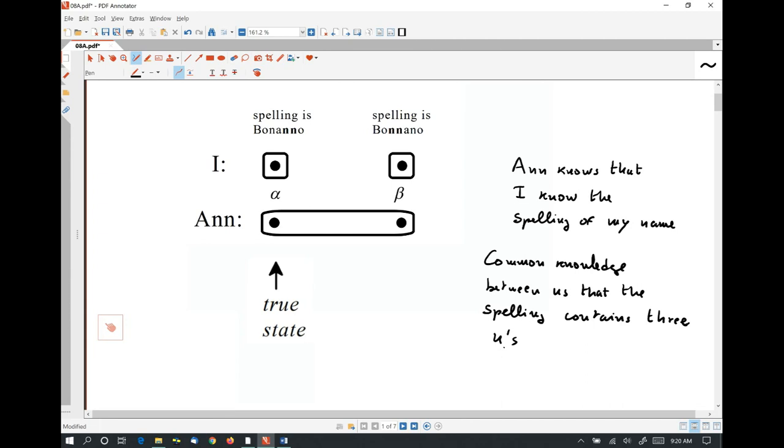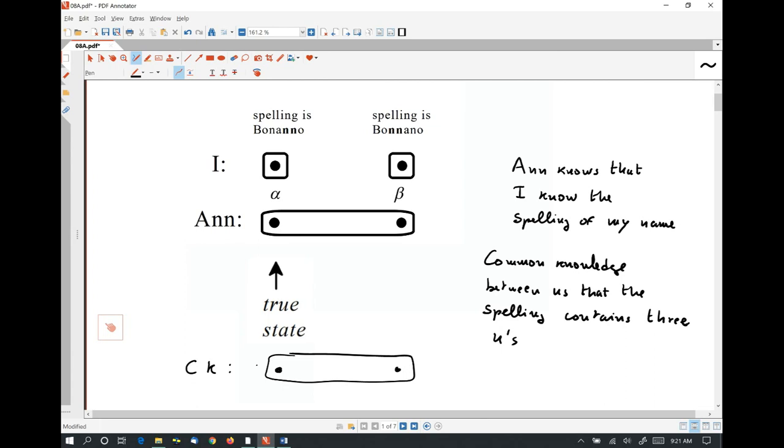There are three N's in the spelling associated with state alpha and three N's in the spelling associated with state beta. So the common knowledge partition would coincide with Anne's partition. And so whatever Anne knows is common knowledge between us. So in particular, that the spelling contains three N's.